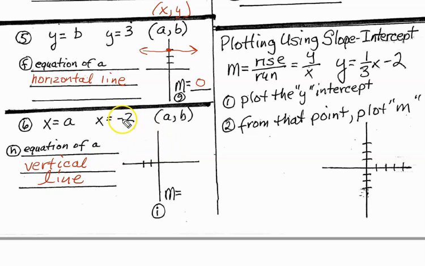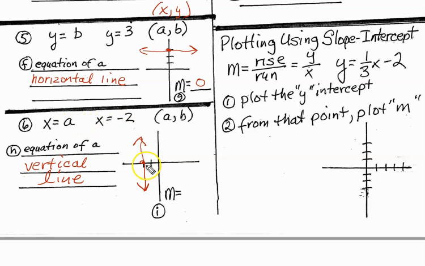So we put a dot then on our x coordinate, negative 2, and then we're going to put a line through it. So again, introducing you to formulas used in Chapter 3.